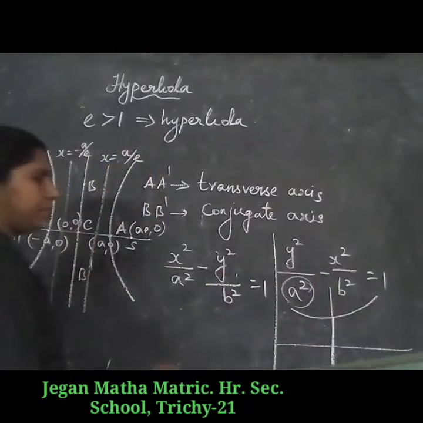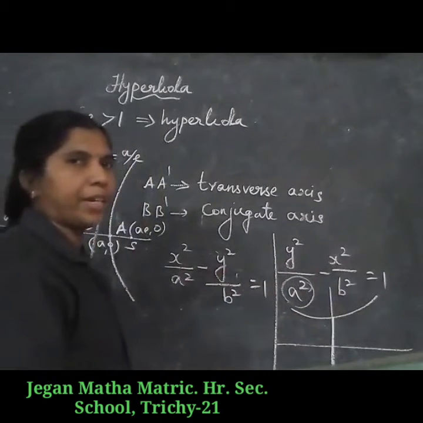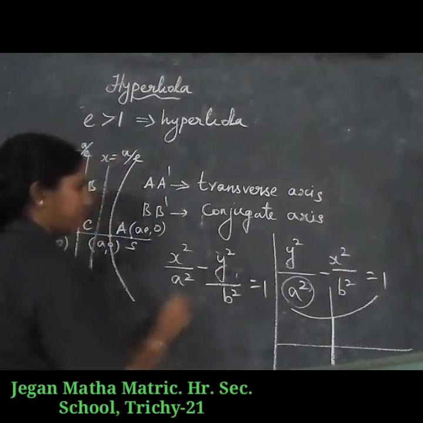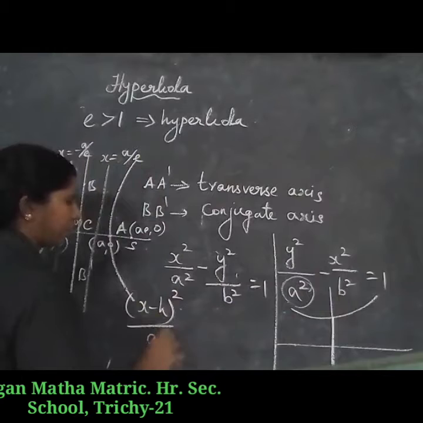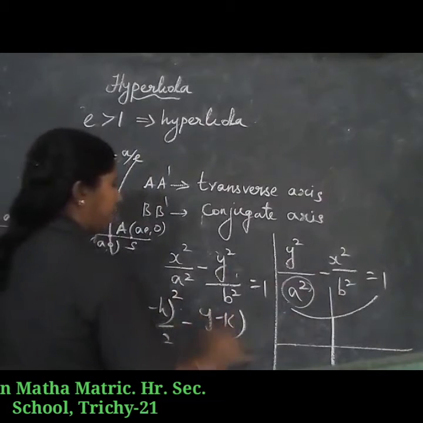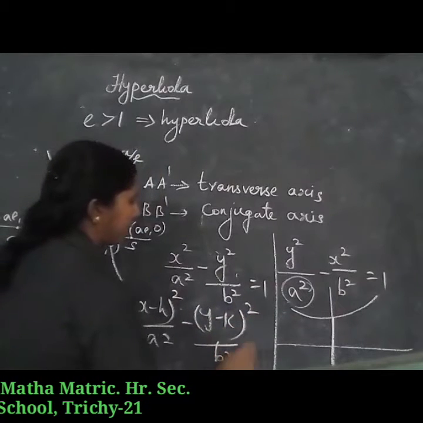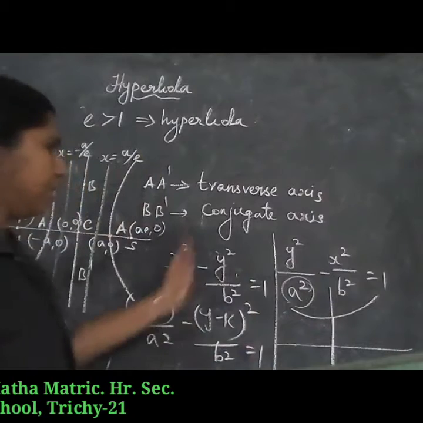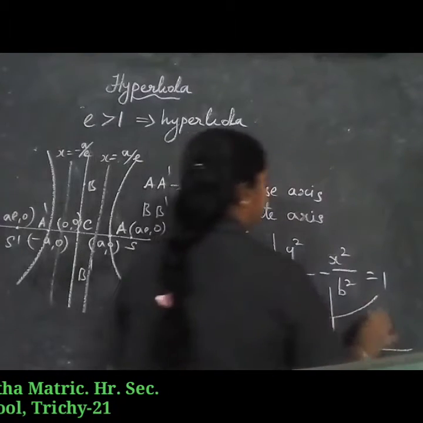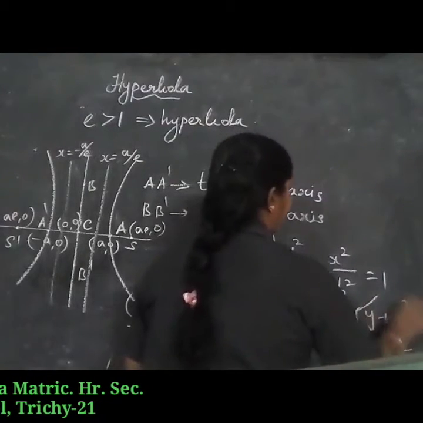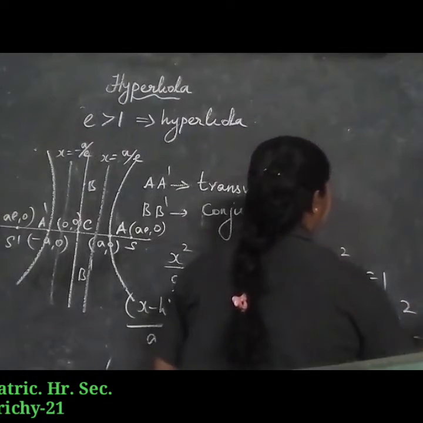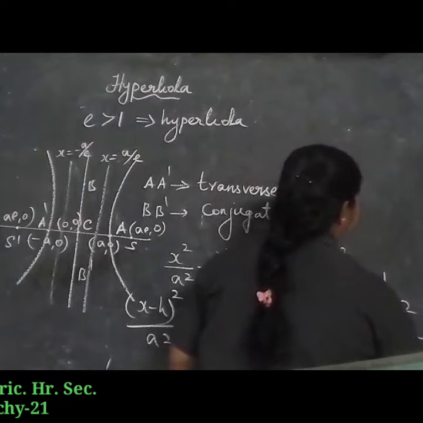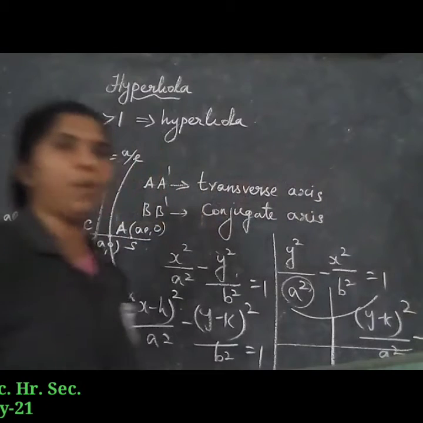Suppose the center is shifted to some other point h, k, then the equation can be written as x minus h the whole square by a square minus y minus k the whole square by b square equal to 1. In the same way, the other equation is y minus k the whole square divided by a square minus x minus h the whole square divided by b square equal to 1.